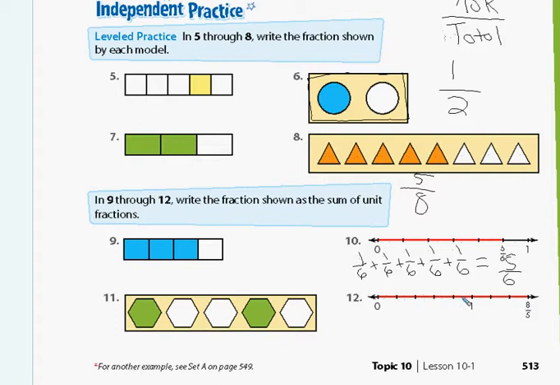So my denominator is going to be 5, and I can see it over here when I get to the total over there. So I'm going to break it into fifths, and it says I got 8 of them. So that's 1/5 plus 1/5 plus 1/5, 1/5.